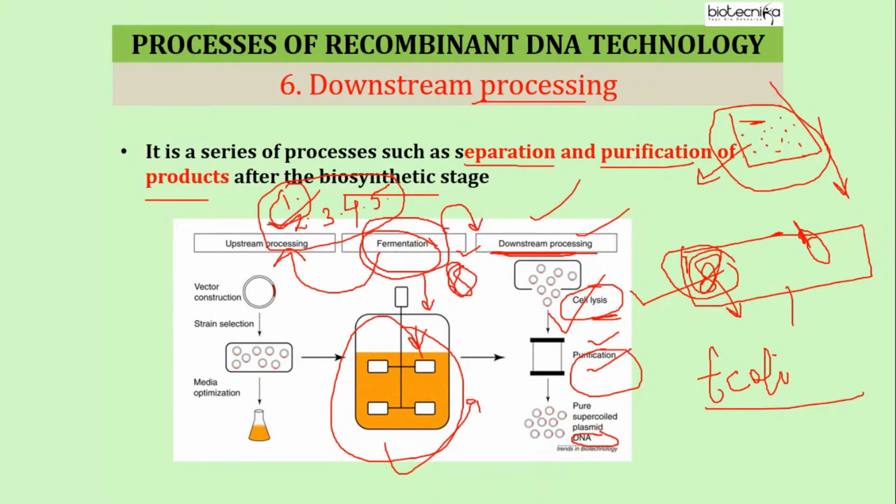Inside the host, inside the living system, we have the replication machinery. But if we have to isolate this DNA and amplify it in the lab, how will we do it? We'll do it with the help of an artificial machinery, which is called polymerase chain reaction. It replicates the exact phenomenon as it happens in the living cell. And the fourth process, once this amplification is done, is recombinant DNA formation.